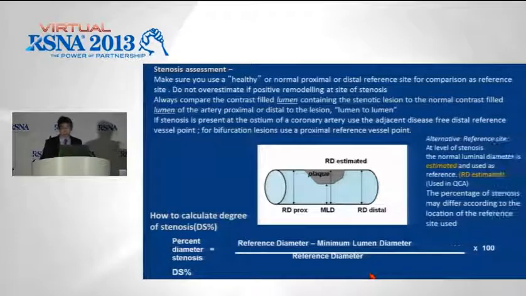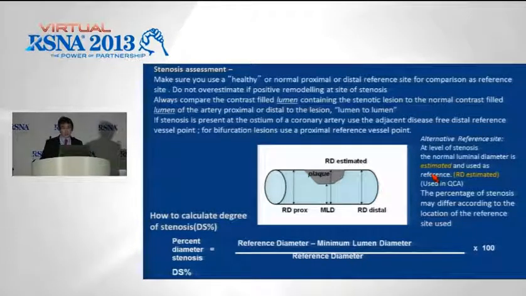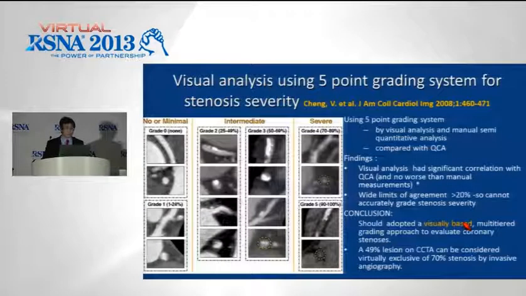There are, of course, alternative methods. An alternative reference site is, at the level of the stenosis, the normal luminal diameter is estimated and used as a reference. And this is usually what is done in QCA, but not done on your workstation. So obviously, the percent of stenosis may differ according to the location or the type of reference site you are using.